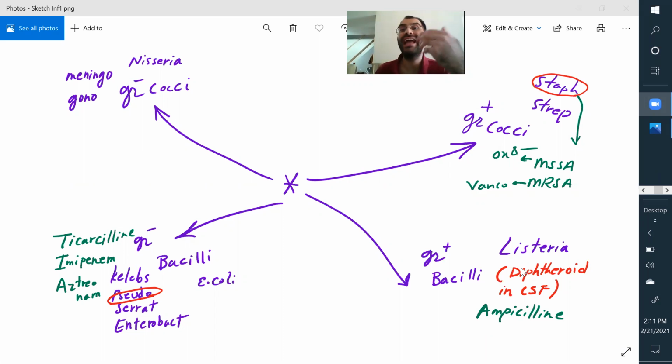So what do I add to my meningitis cocktail in immunodeficient, HIV positive, extremities of age patients? Ampicillin, right? Why?